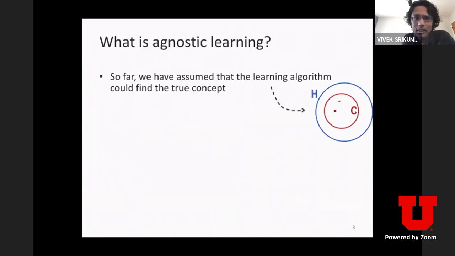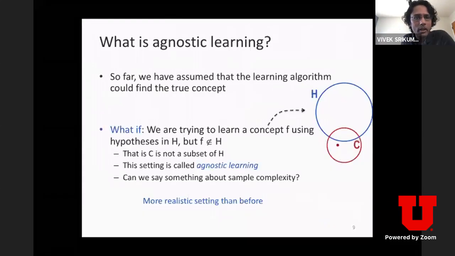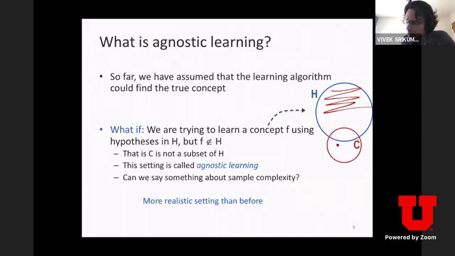Or equivalently, using the words of Han from the chat, we know the concept class because our hypothesis space contains it. What if we don't know the concept class? If we don't know the concept class, we are searching for a function in a certain space, but we have no idea whether the true function lies inside that space or not. In other words, C is not a subset of H.